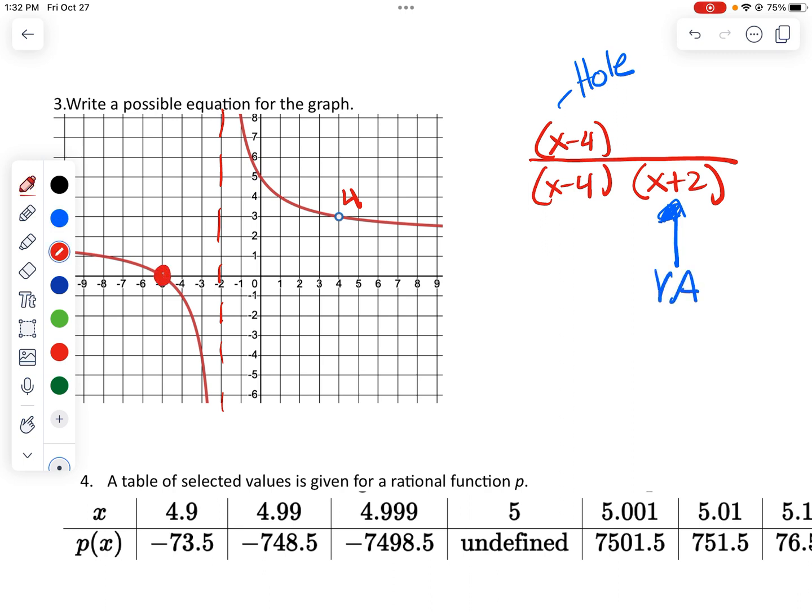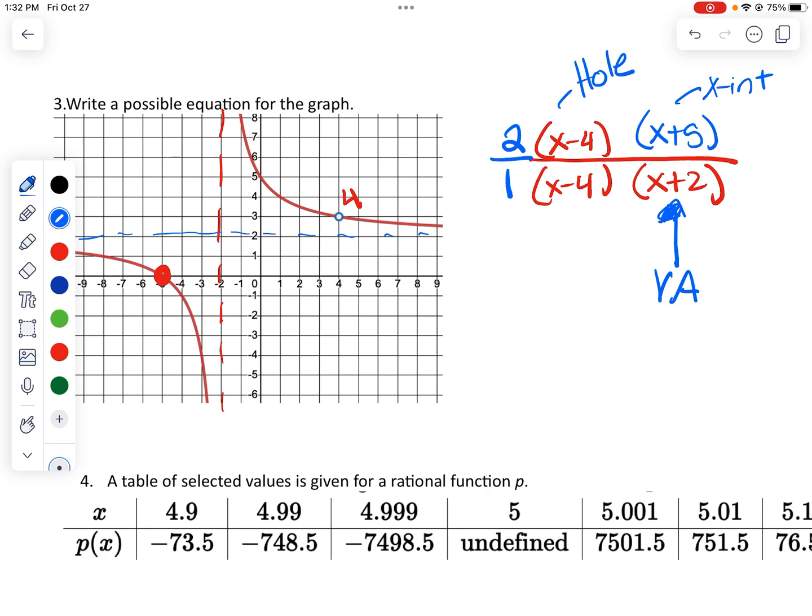I know it crosses at negative 5. So I know x plus 5 has to be on the top, because that is our x-intercept. And then I know that there's a horizontal asymptote here at 2. So I know that our degrees have to be the same, and they are. There's 2 x's. So our leading coefficients would have to be 2 over 1, or you could just have a 2 there.